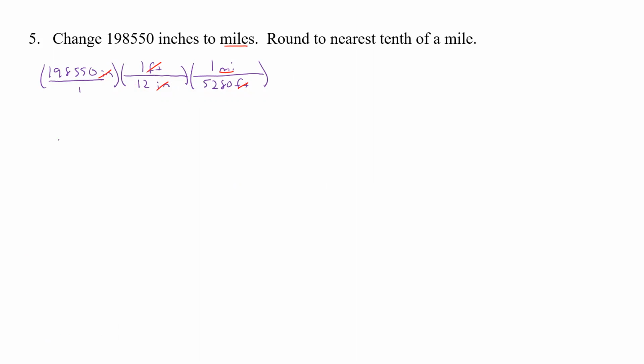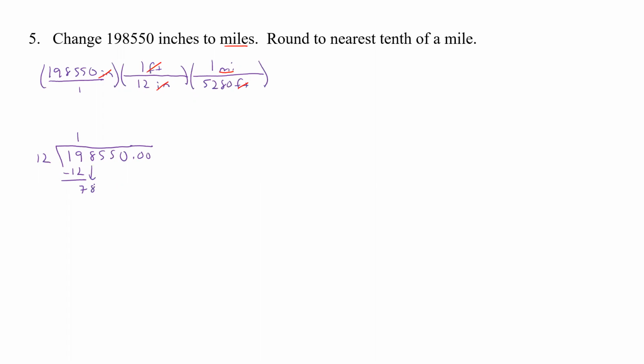Let's do 198,550 divided by 12. And I don't know how many decimal places we'll have to do there. So 12 goes in here once, that's 12. Subtract, 9 minus 2 is 7.